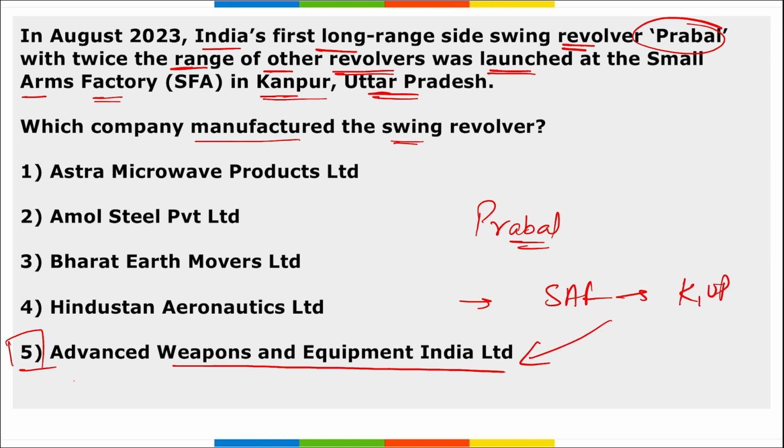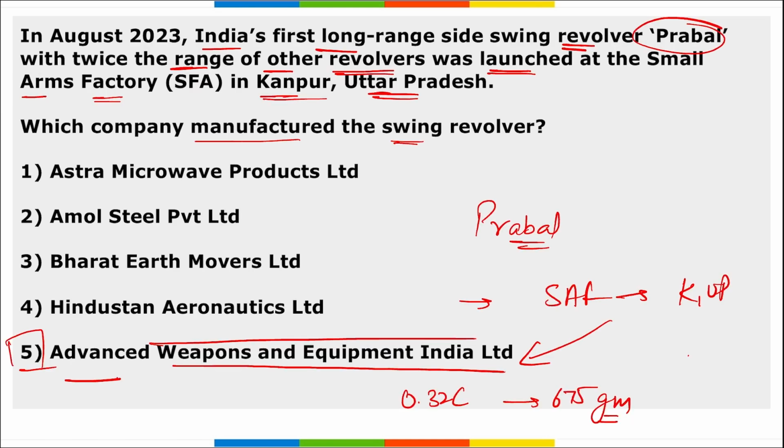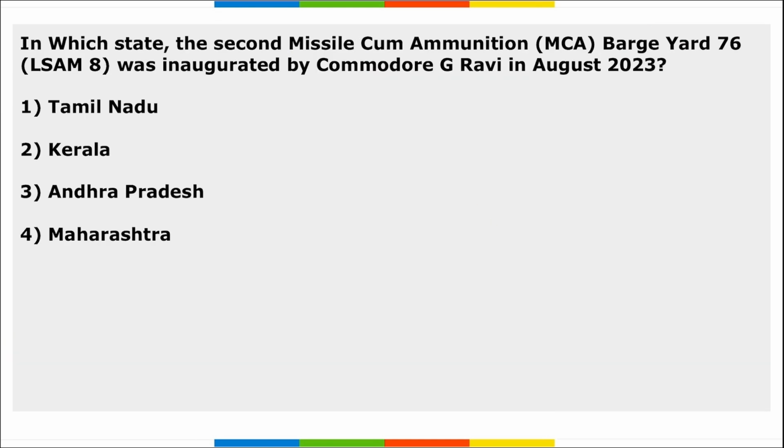It was manufactured by Advanced Weapons and Equipments Limited. This Prabal revolver is a lightweight .32 caliber side swing revolver that weighs 675 grams. Correct? And this will have a range twice that of a normal revolver. It will have a range of up to 50 meters.